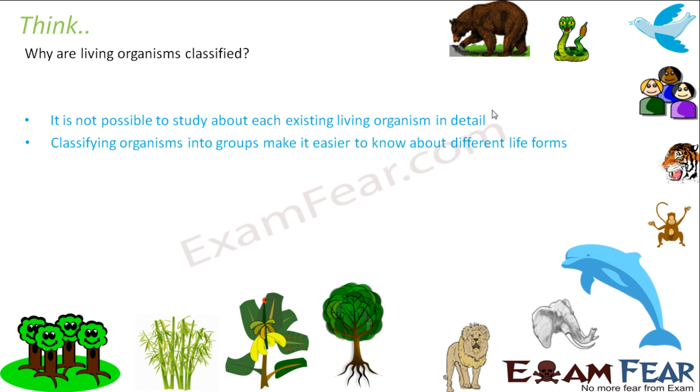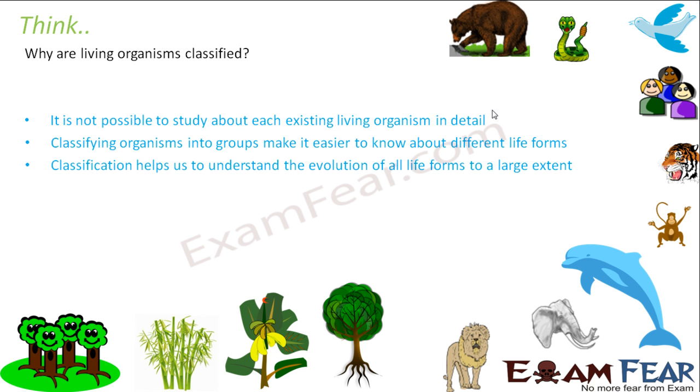Studying those 10 groups is easier, and by studying those 10 groups itself, you get a rough idea about all the 100 organisms, right? So that is a better way. Classifying organisms made things simpler to know more about different types of life. That is why living organisms were classified.